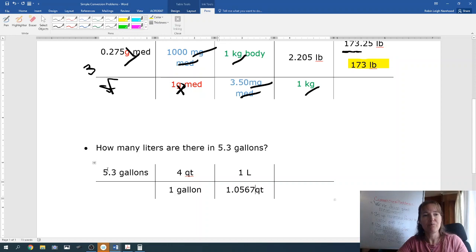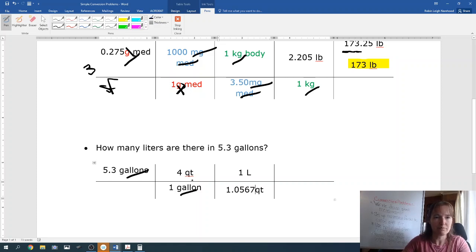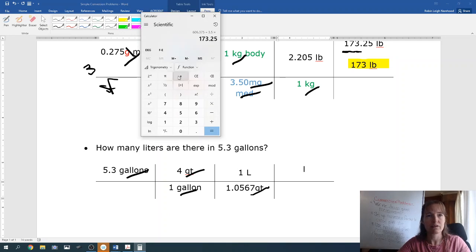So we have 5.3 gallons. Gallons will cancel because we have a unit on top and bottom. Quarts will cancel because it's on top and bottom, and that leaves us with liters, so our answer will be in liters. So you want to use a calculator, and now you want to punch in the numbers that you had written in.